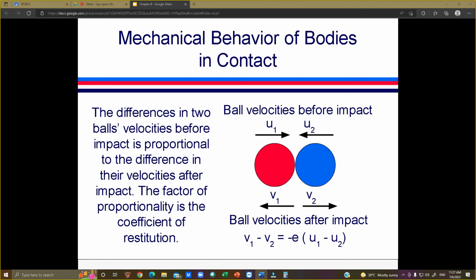Sekejap ya. Kejap. Mana saya punya button ni?